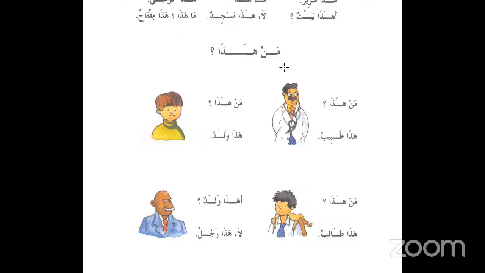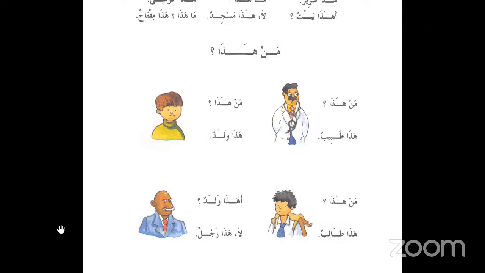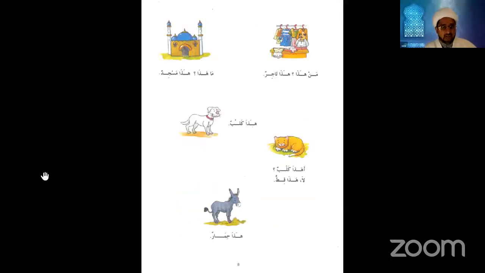This is a boy. Man هذا. Who is this? هذا طالب. This is a student. هذا ولد. Is this a boy? لا هذا رجل. No, this is a man. Jazakallah. Thank you ever so much.